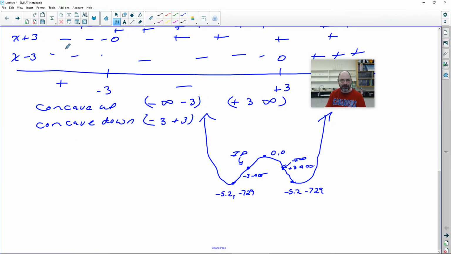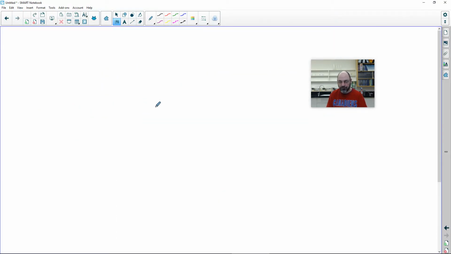Okay, so let's do another example on a new page here. I don't want to do a fourth power one. Let's do a third power one. Okay, so I've got one in front of me here. It's got fractions and stuff again, whatever, doesn't matter.